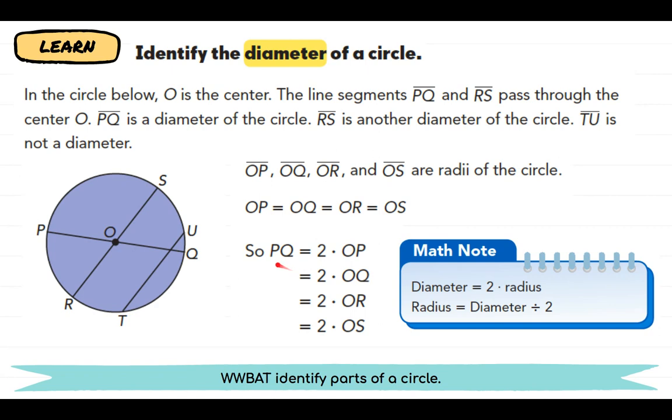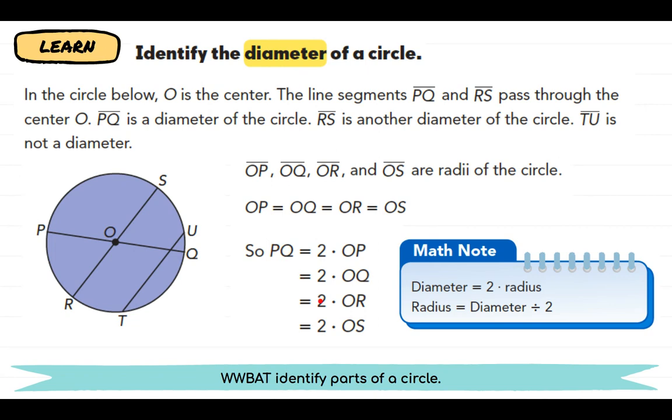Does that make sense? Let me repeat myself one more time. Because all these radii are the same length, PQ would be equivalent to OP times 2, because OP is the same length as OQ.